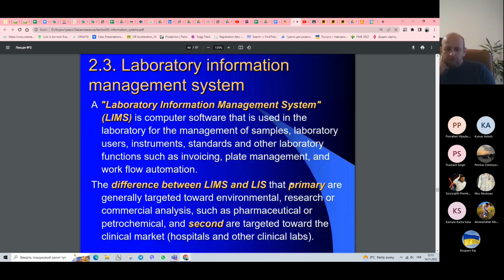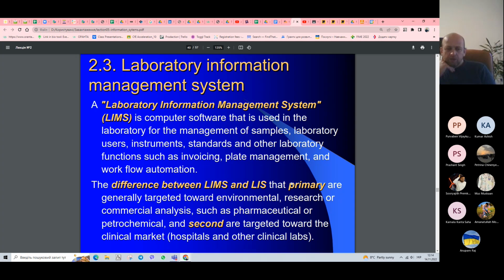Yes, every system has its own way, and an information system should provide all necessary activity in the most comfortable way. A laboratory information management system is computer software used in the laboratory for the management of samples, laboratory users, instruments, standards, and other laboratory functions such as invoicing, plate management, and workflow automation.